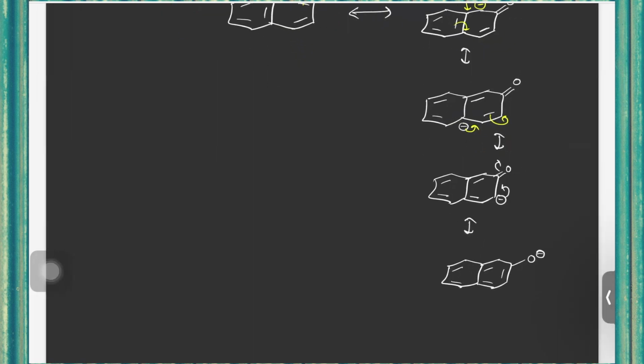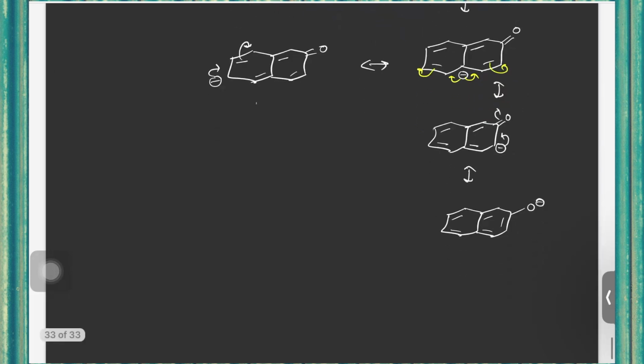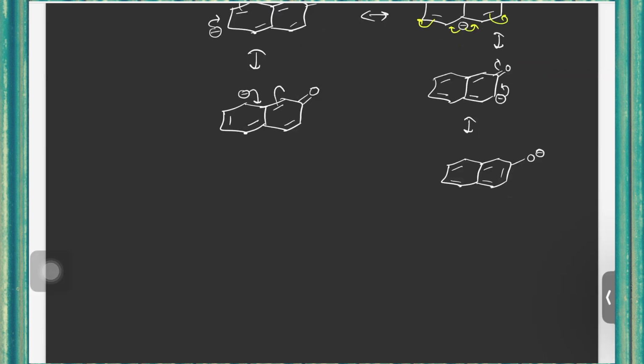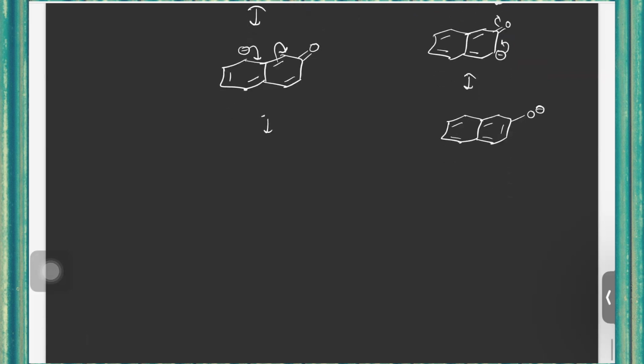Now, if we move to the left side, then we will be getting this one, negative charge here. Other bond will be remaining as it is. Now we can again move this pi bond. So we will be getting double bond, negative charge, double bond, O. Then again the negative charge will go here and the double bond will go here.